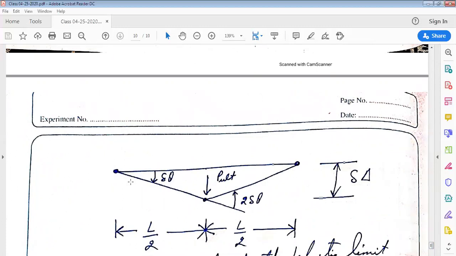And MP into 2 delta theta is the work done due to plastic rotation about this hinge against plastic moment MP. Total internal virtual work would be MP into delta theta plus MP into 2 delta theta.